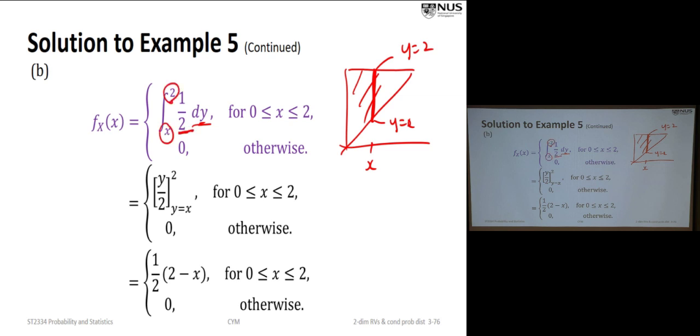This is valid so long as x is within the range 0 to 2. Outside that, the joint PDF is 0. So it turns out that the marginal of x is equal to 1/2 times 2 minus x, when x is between 0 and 2.